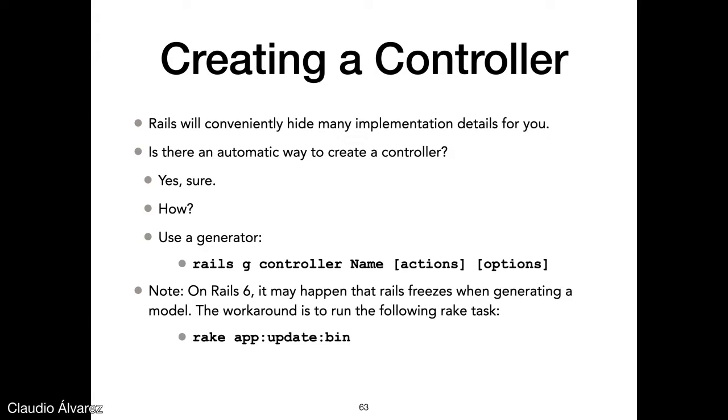So how do you create a controller? Well, you saw there are generators for almost anything in Rails. You got generators for migrations, you got generators for models. There are, of course, generators for controllers as well. So it is important to understand what the generator does. You basically pass the generator the name of the resource for which the controller will be created.